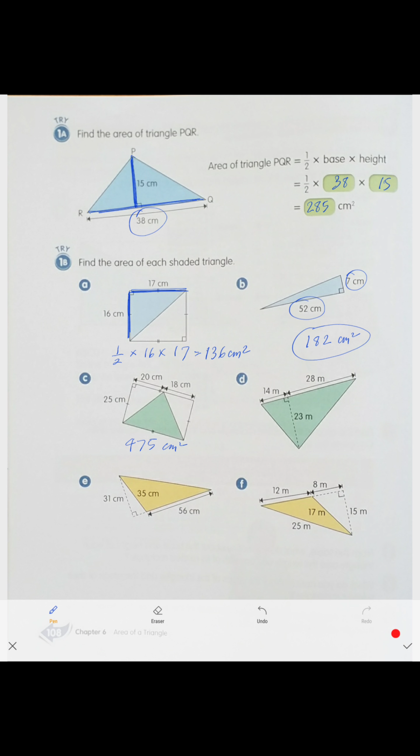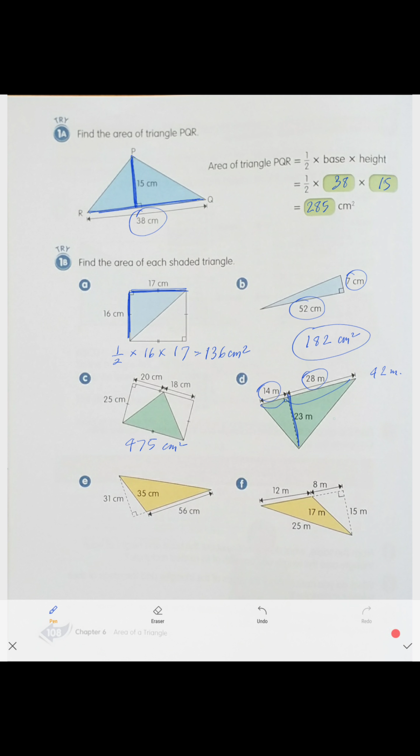Next one, right here. They just show us that the base is split into halves, right? So 14 plus 28, that's gonna be the one side, which will be 42 meters. And you have your height, right?